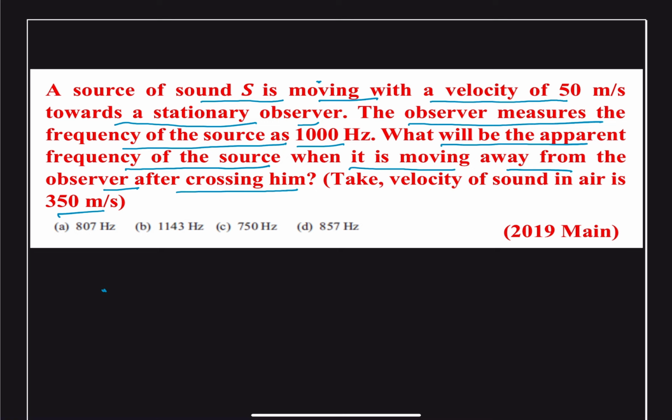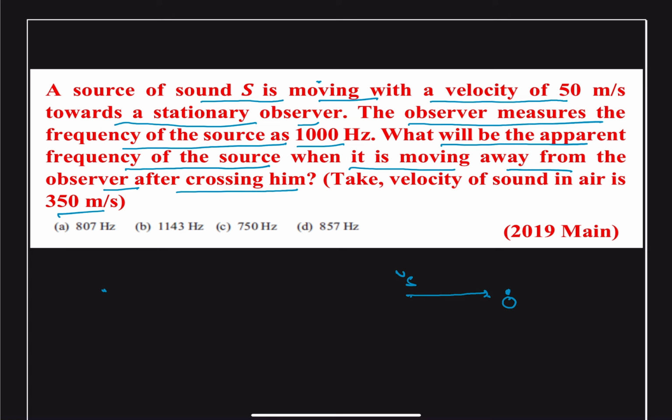In the first case, let us suppose this is our observer and the source of sound is moving towards the observer with a velocity of 50 meter per second. So we have Vs, that's the velocity of the source, and it is moving toward the observer.